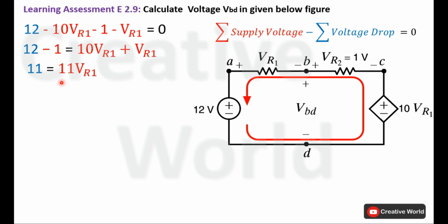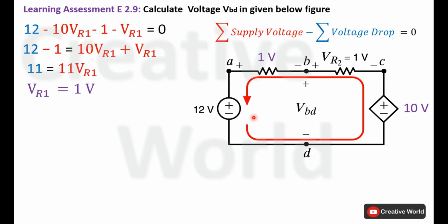Now divide both sides by 11 to calculate the value of VR1, that is 1 volt. At this stage we have calculated the value of VR1, so we can easily calculate the value of this dependent voltage source. The voltage of this dependent source will be 10 times VR1, that will become 10 volts because VR1 is 1 volt, and the voltage across this R1 will be 1 volt.